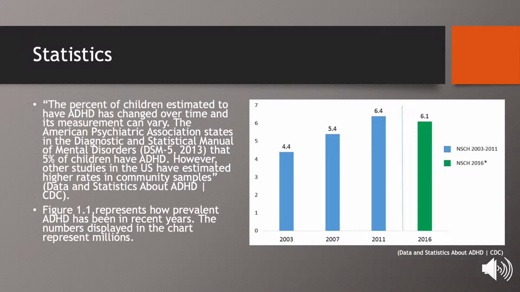So we have a chart that we refer to as figure 1.1, and this represents how prevalent ADHD has been in recent years. The numbers displayed in the chart represent millions. So as you can see, from 2003 to 2011, the prevalence of ADHD has increased. However, in 2016, it decreased from 2011 by 0.3 million.